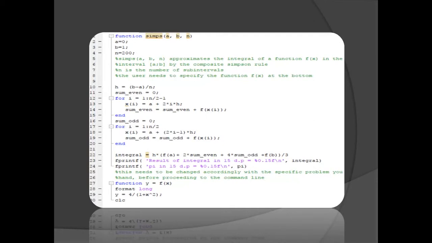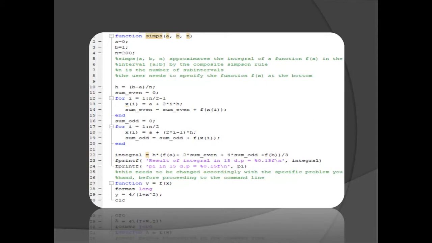For the calculation, we also need to find h in order to get the answer. h is found by subtracting the value of the lower limit from the upper limit and dividing it by the value of n. The value of the upper limit is 0 and the lower limit is 1. After we get the value of h, we can get the answer.